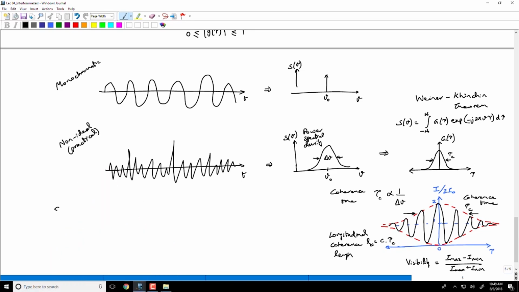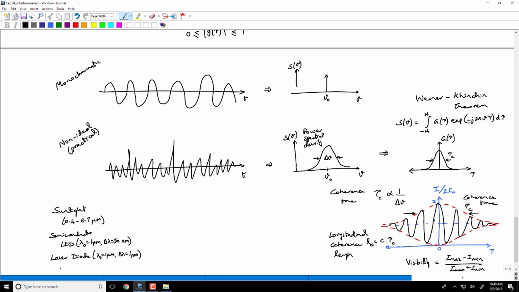Let us look at sunlight, which is from 0.4 to 0.7 micron wavelength. You have a semiconductor LED, let us say at lambda naught of 1 micron, and delta lambda typically corresponds to 50 nanometers. Let us also consider a laser diode, the same wavelength lambda naught of 1 micron, but delta lambda in this case would be 1 nanometer.